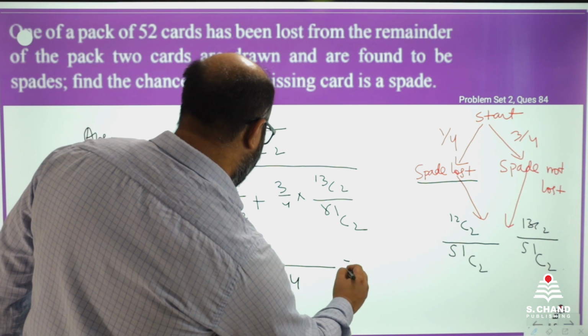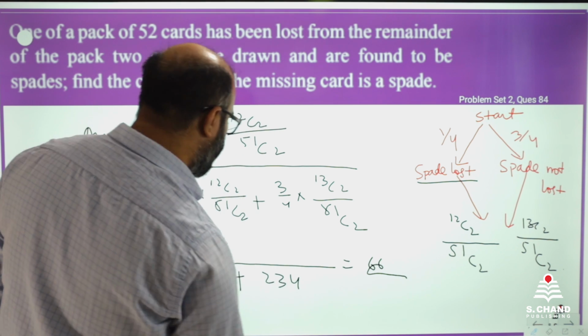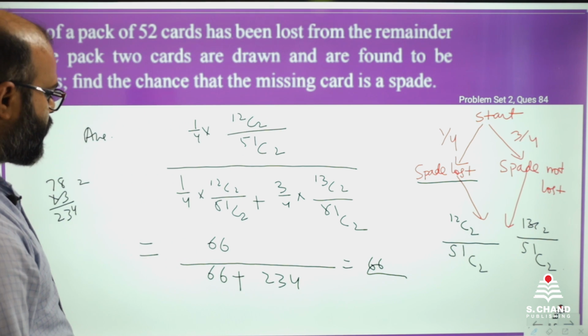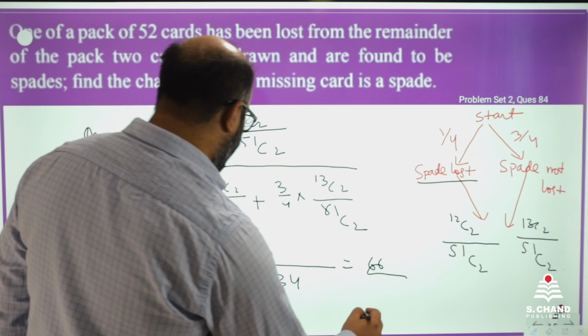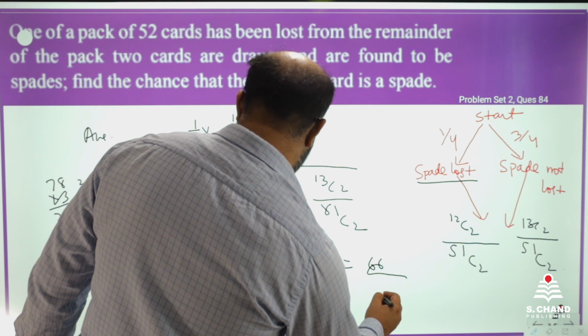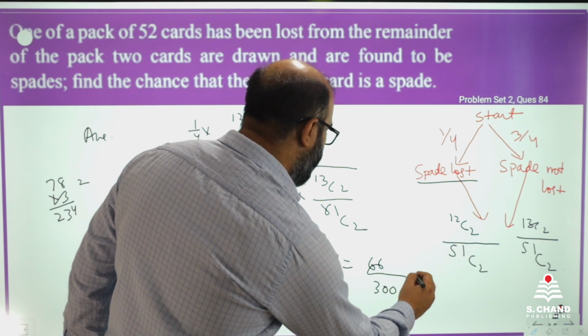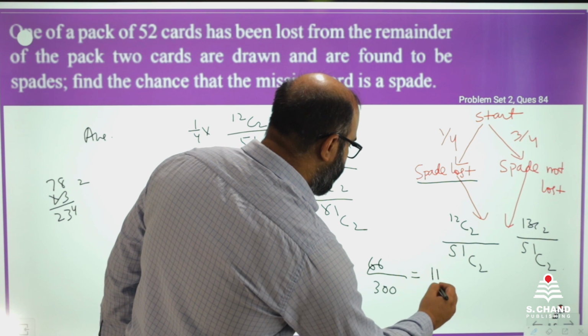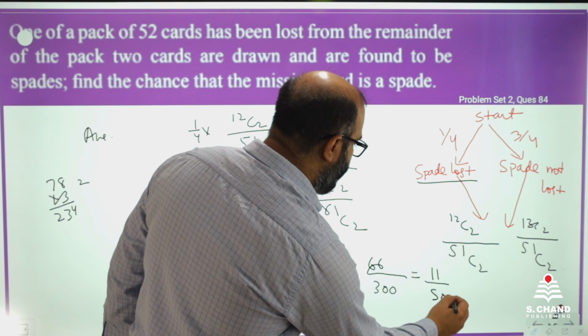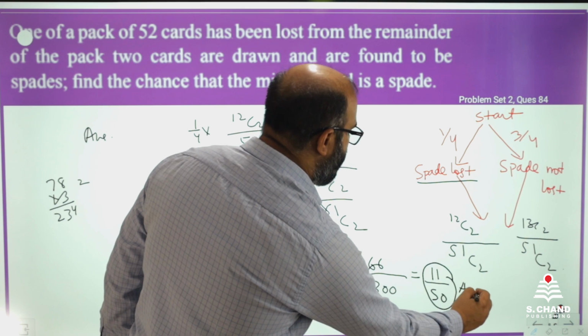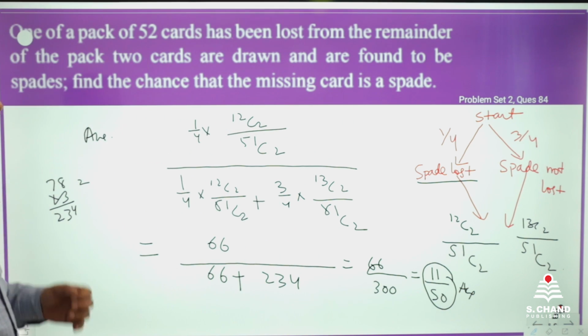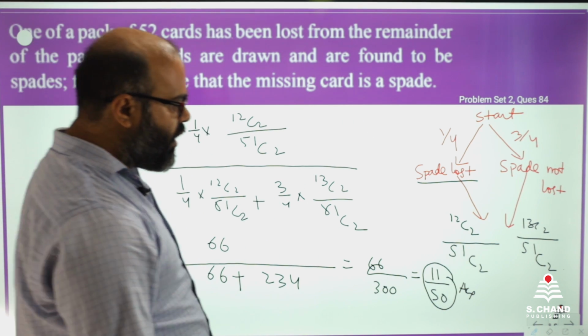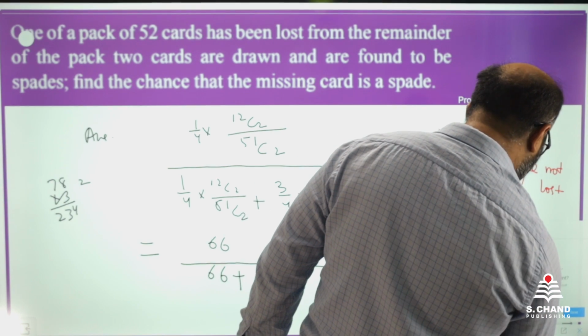So you get 66 upon 234 plus 66, that is 300. So 6, 11 are 66 and 6, 5 are 30. That is 11 by 50, which will be your answer here. So you have to be quite cautious about the cause and effect function in Bayes theorem.